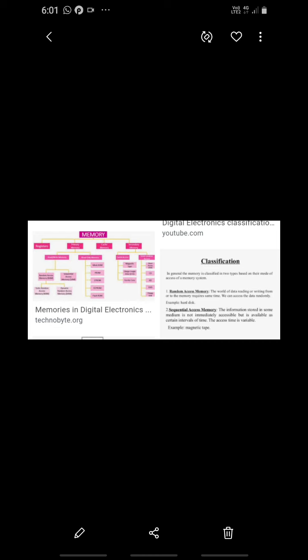Random access memory. The term random access means that any storage location in the memory can be accessed in any order to read or write data. In other words, the access time is the same for any address in memory.